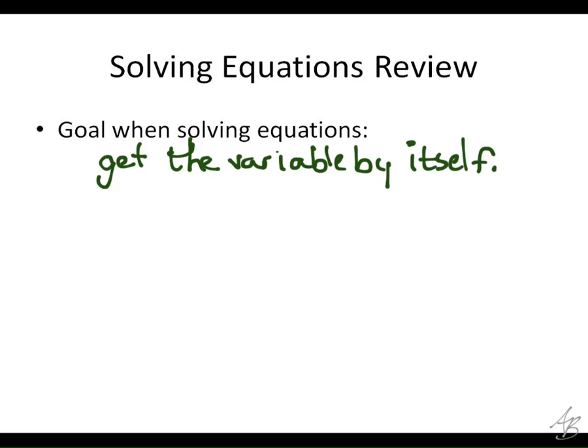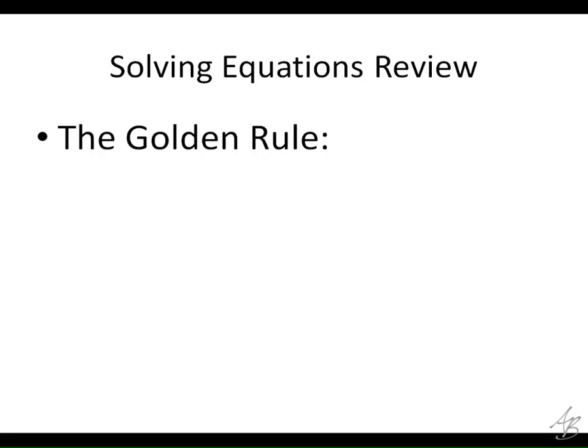And to get rid of things, we can use inverse operations, but we have to follow the golden rule when we do that. What does the golden rule say? Yeah, so on your notes it says whatever you do to one side of the equation, the golden rule says you must do to the other.